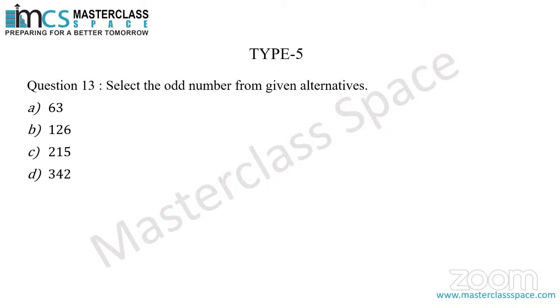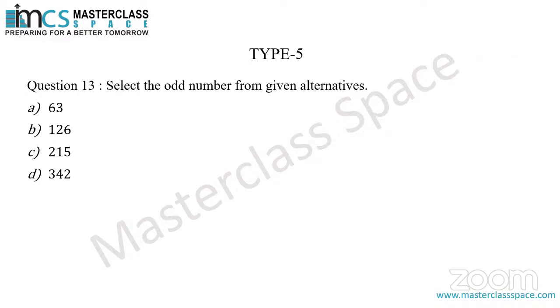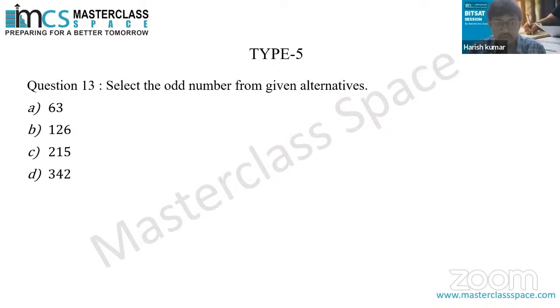B for Bombay. Sir, C. Okay. Please check your answers, all of you, carefully. We are getting different answers. We are not getting any unanimous answer this time. Please check your answers. Someone has said A. C, Sudhanshu. Okay. All right.